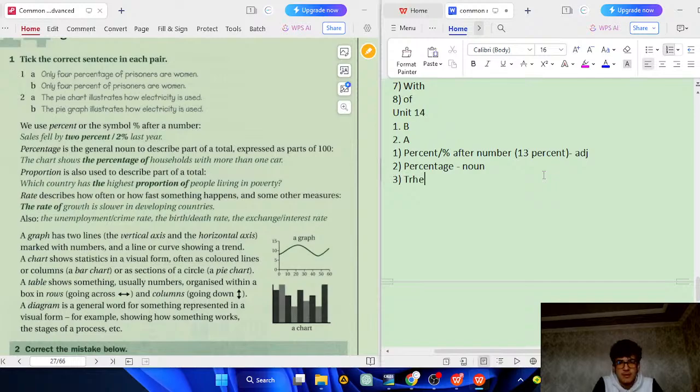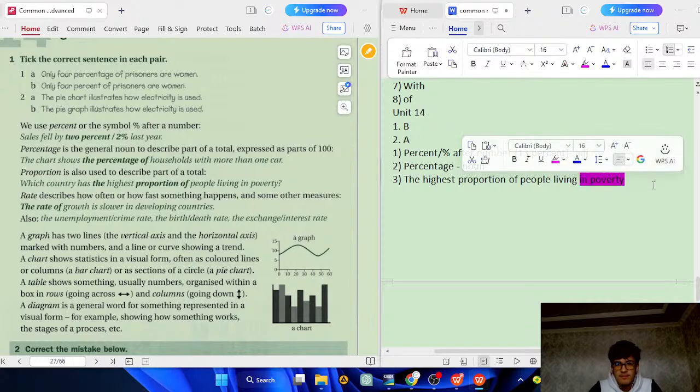The highest proportion of people living in poverty. In poverty. This is important, bro. In poverty.